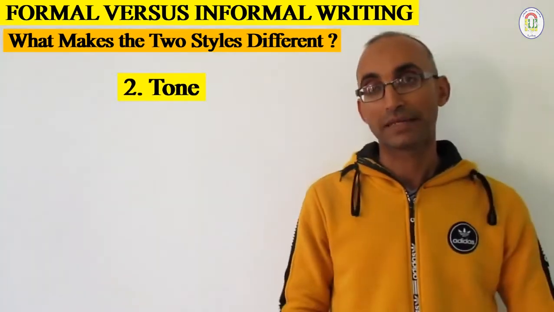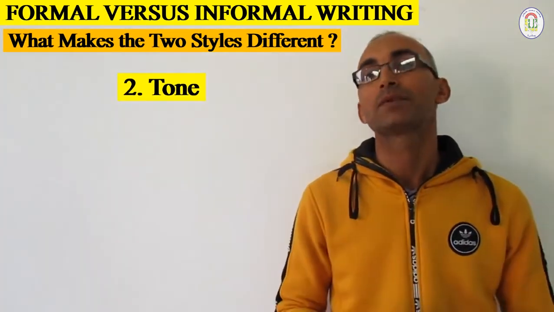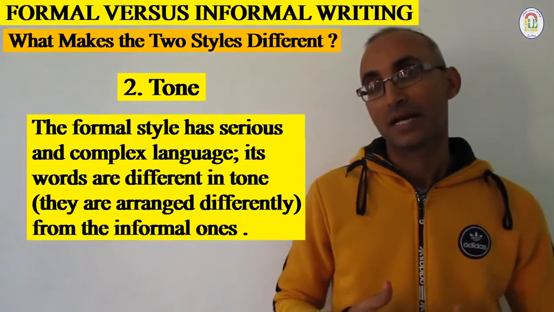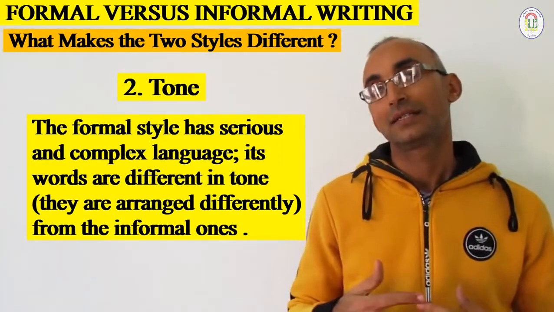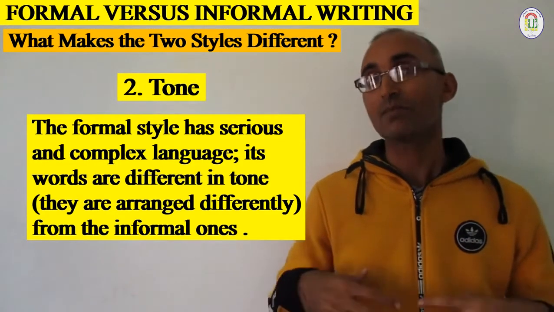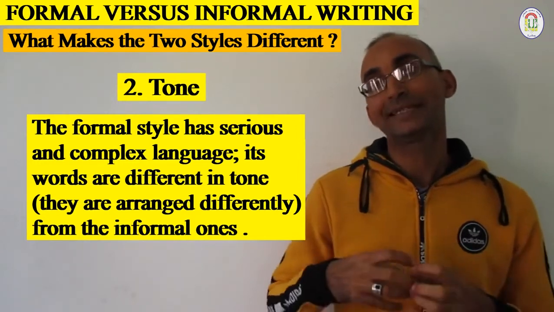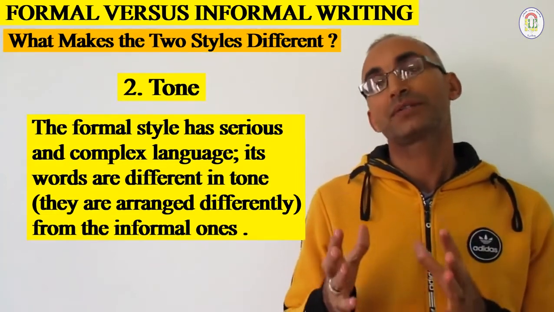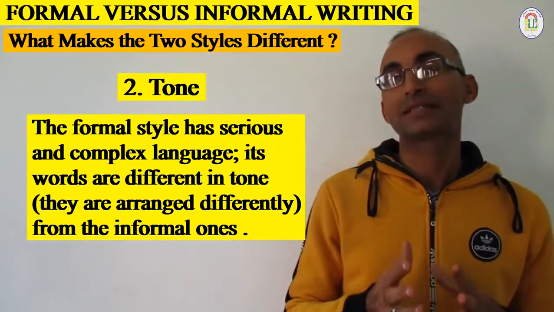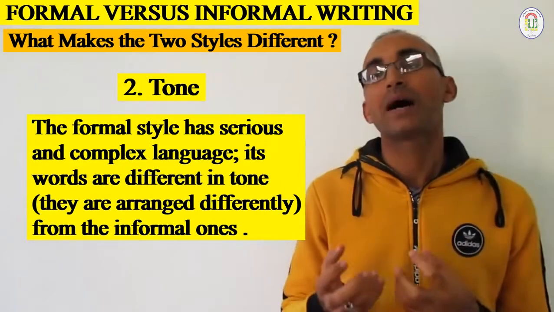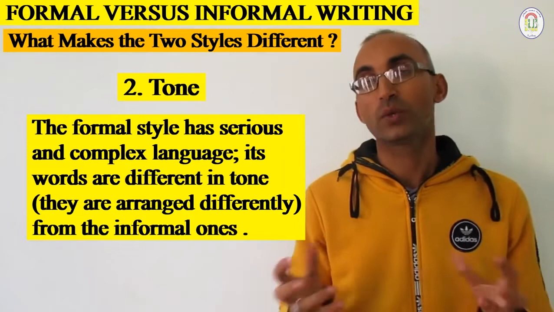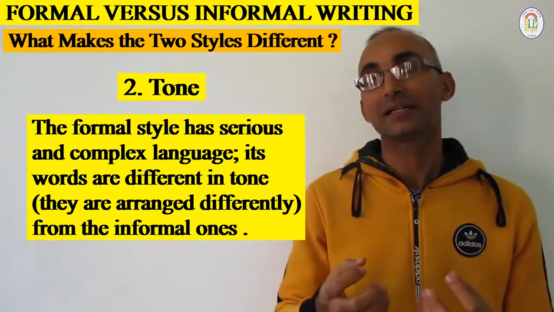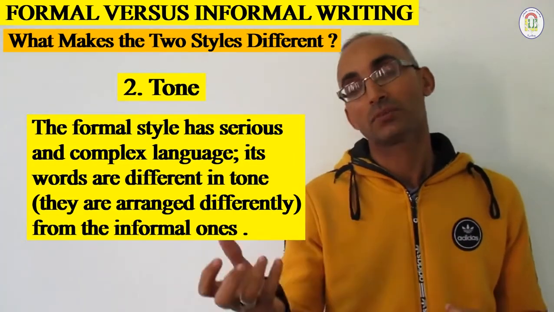Also the tone has its role here. The formal style has serious or complex language, and the words used in it are a bit different, or specific, compared to the informal writing style. By tone we mean the way of arranging your words in your sentences, which makes a style formal or informal.